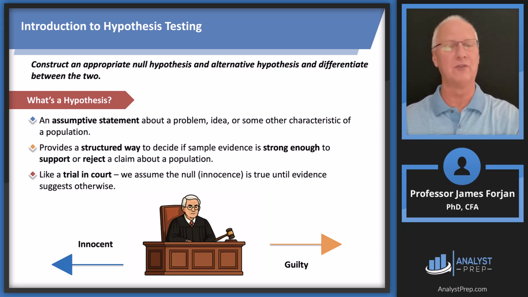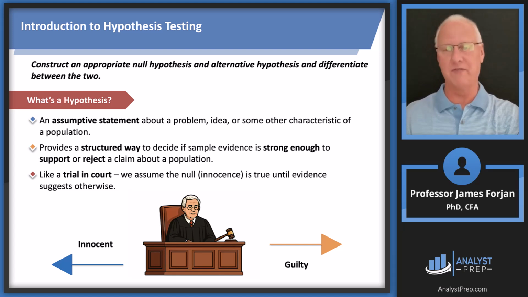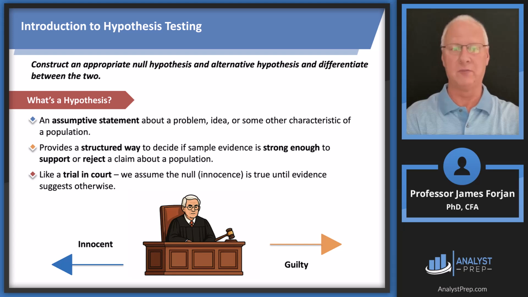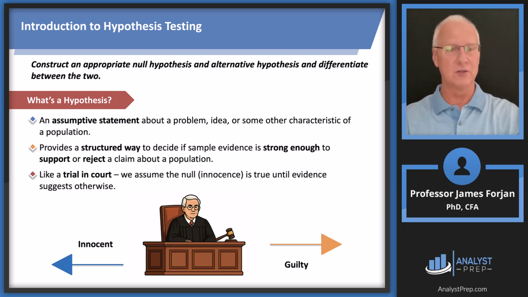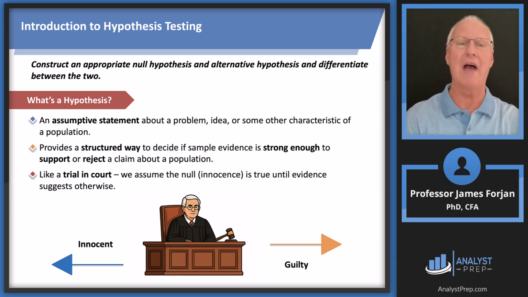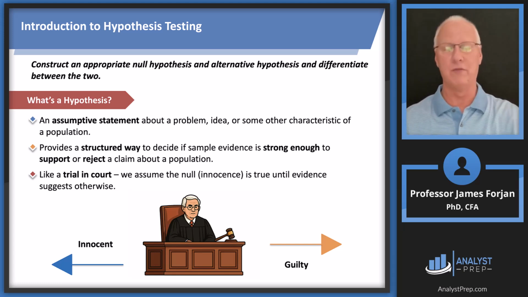But if we think Michael is the best player, then we would want to set up the alternative hypothesis. The null is Michael is no different. The alternative is Michael is better. And then we try to find evidence that Michael Jordan is better than the average person or all of those people inside of the population.